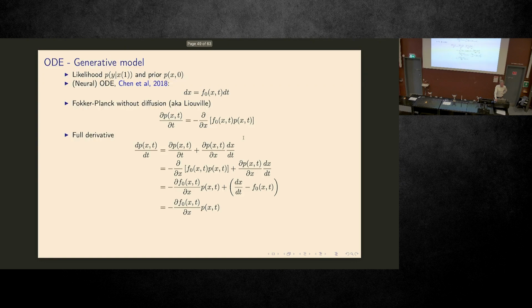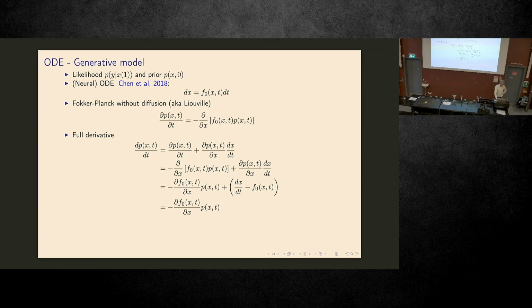Yes, okay, let's have a look at how you can use the Fokker-Planck equation to derive likelihoods. Let's look at the ordinary differential equation. I tried to convince you that the Fokker-Planck equation for that looks like this. Now I call the drift coefficient just F0. This could be a neural network.